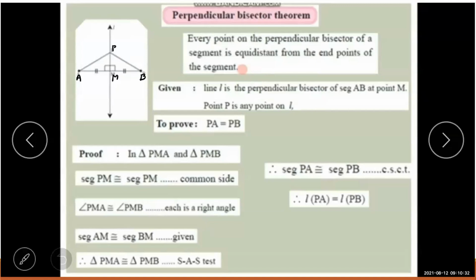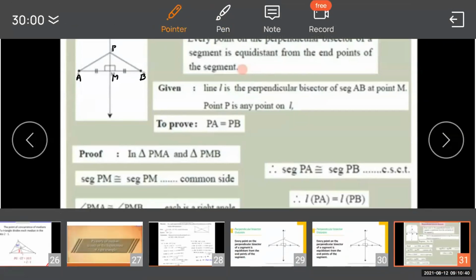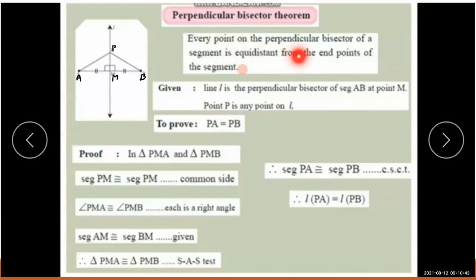Yes, here is the proof, the perpendicular bisector theorem. We know the statement that every point on the perpendicular bisector of a segment is equidistant from the end points of the segment. So we have to show segment PA equal to segment PB. Equal means congruent also. Now what is given?